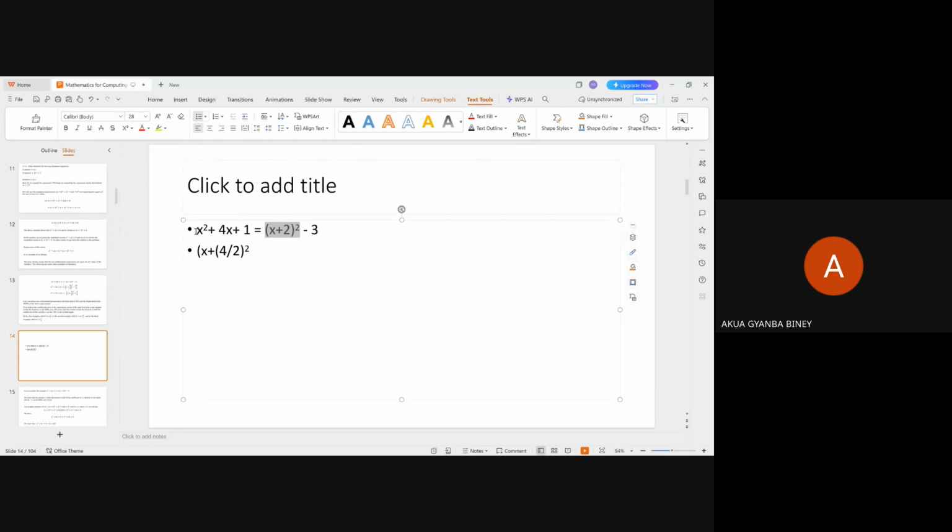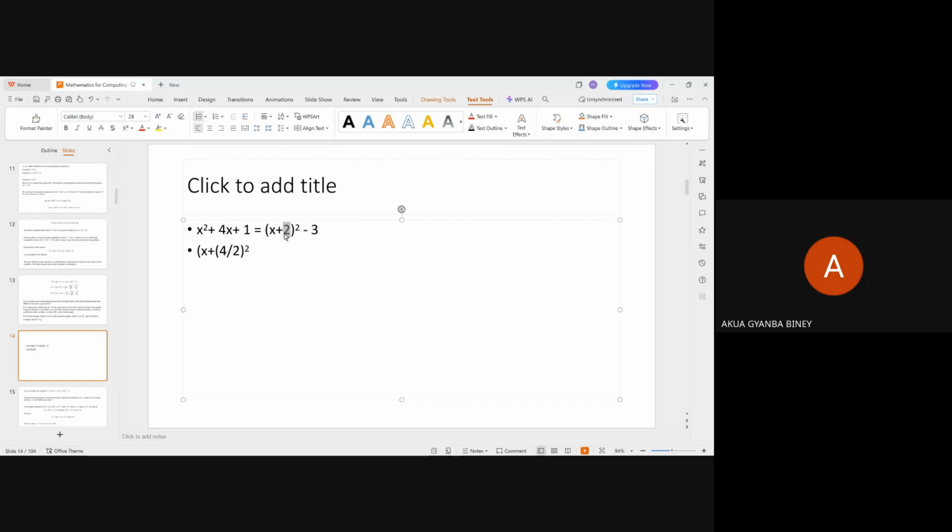So if you are given this, how do you get this part of the expression? Your x comes with a plus, because the coefficient of x is plus 4. If it was minus, it would have been minus 4 divided by 2 all squared. So the squared here is a constant, but you just want this value here.